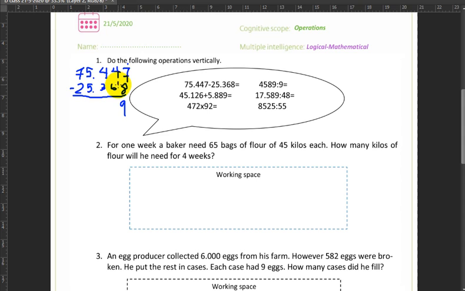I return this down here, 6 becomes 7. 14 take away 7 makes 7. Return down here, the 3 becomes 4. 4 minus 4 makes 0. 5 minus 5 makes 0. 7 minus 2 makes 5. So my first result is 50,079.